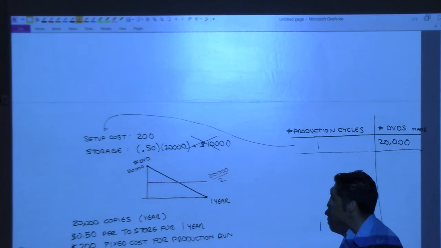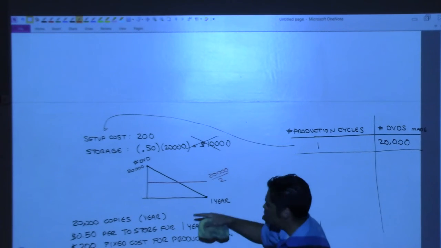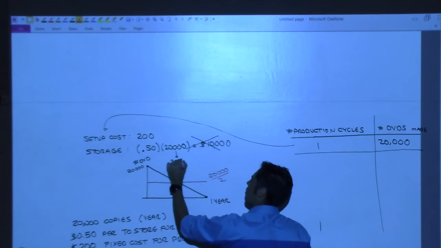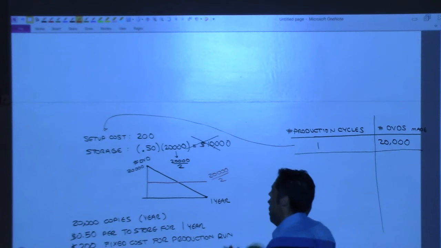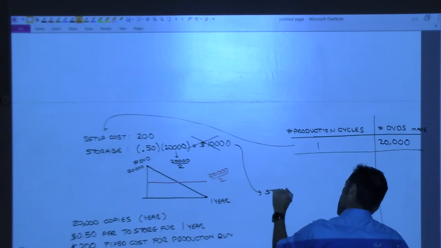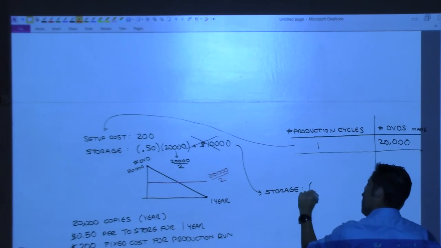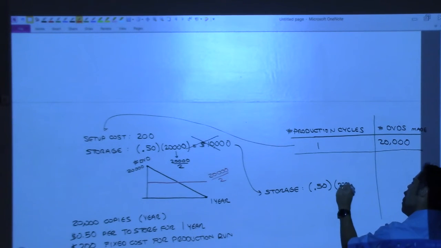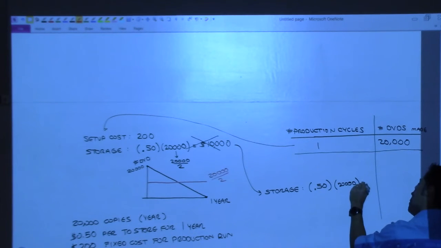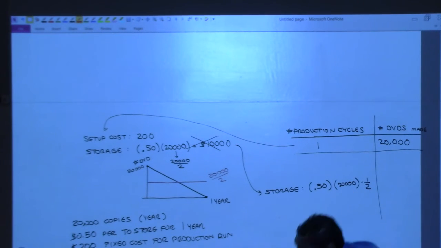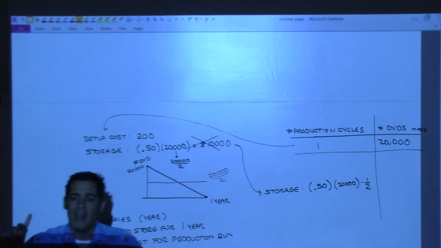So instead of 50 cents times 20,000, this is going to be changed to 20,000 divided by 2. Let me restate that over here. Our storage cost will be 50 cents times 20,000 times a half. That's taking the average of this, okay? All right. Any questions on that? I just want us to think about that one scenario.